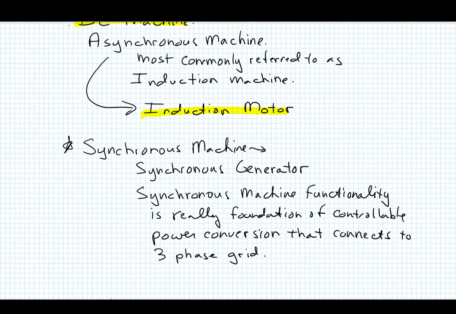This isn't something that we cover in this class, but it's really the reason why synchronous machines are covered as an undergraduate foundational topic, because synchronous machine knowledge, if you go on to work in these very important areas, underlies a lot of the theory and a lot of the really interesting things that are going on.